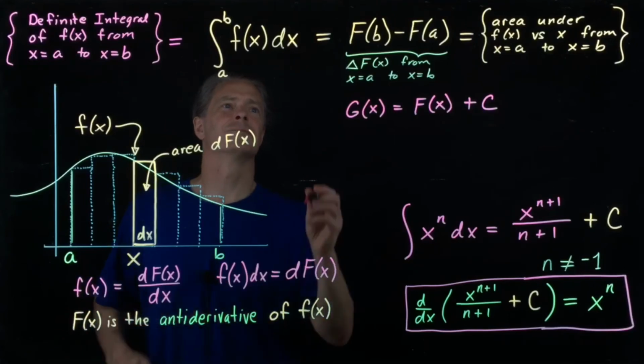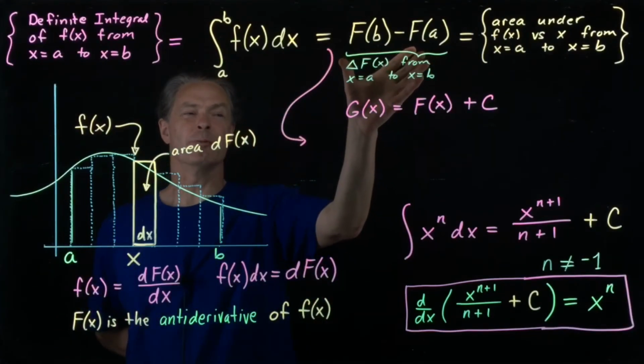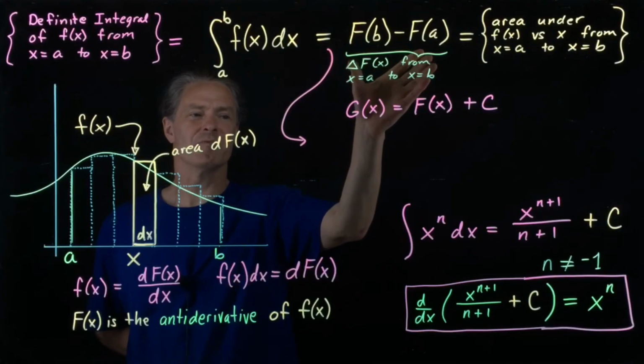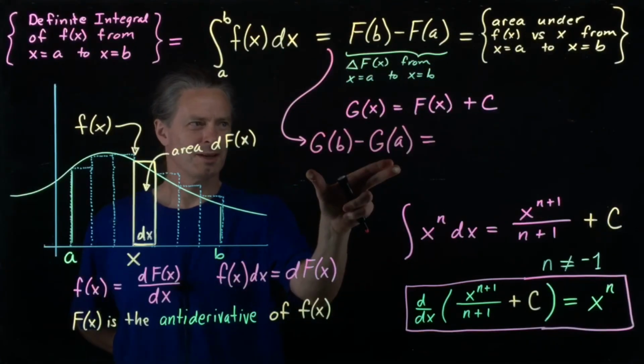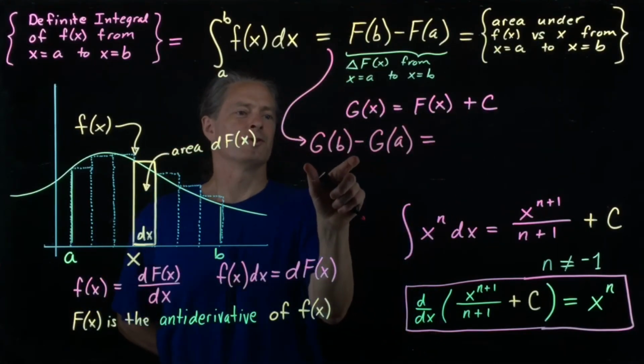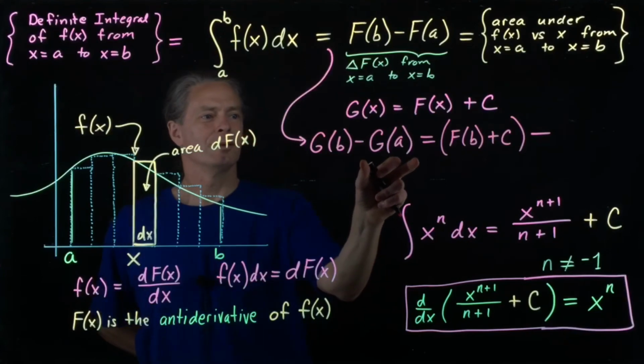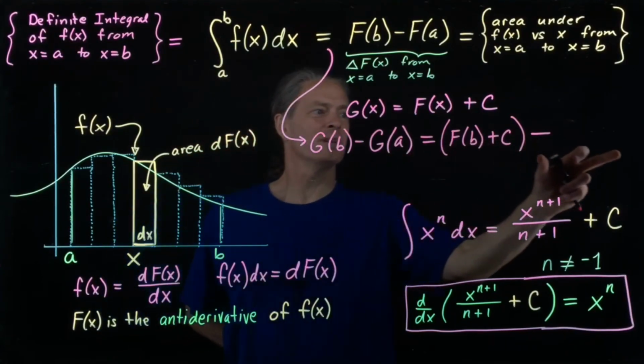Well, let's see. So this expression would become, if I used big G instead of big F, and now I can make this substitution and rewrite it. So big G of b would become this, and big G of a would become this.